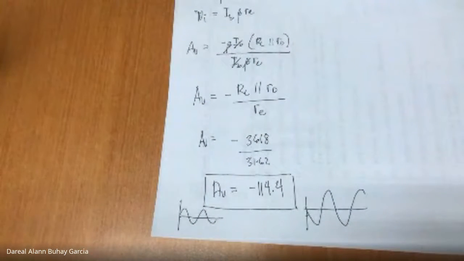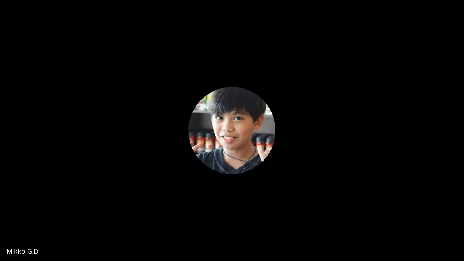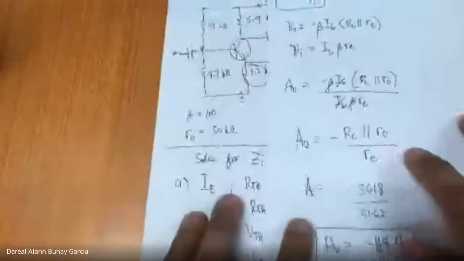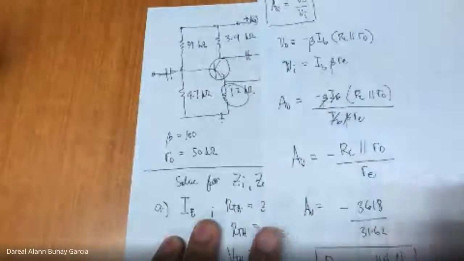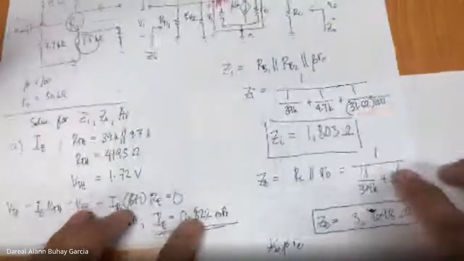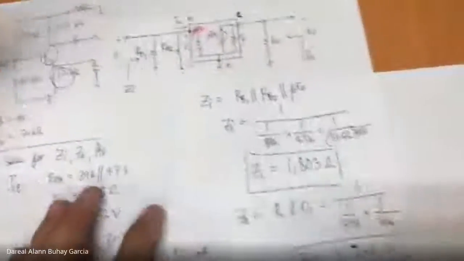Questions? Libog? Sir, kaning AV equals to negative RC parallel RO over RE, sir. Kana nga formula di na siya applicable sa tanan. Applicable lang siya sa voltage divider. Kaning mga formula nga gi-derive nato based sa atong equivalent circuit, specific ra pud ni sa circuit.